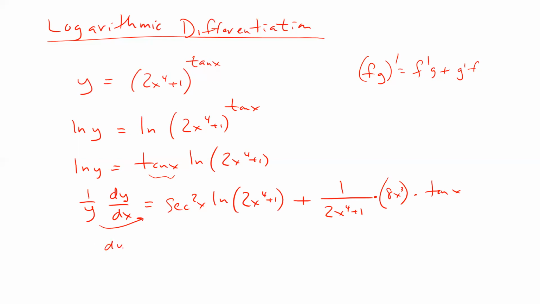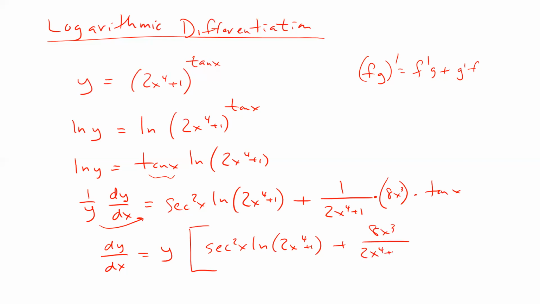So it becomes dy dx is equal to y times, and let's clean this up as well. Let's see, I think this portion is okay. No cleaning needed here. This guy's going to become the 8x cubed in front, or on top, sorry.